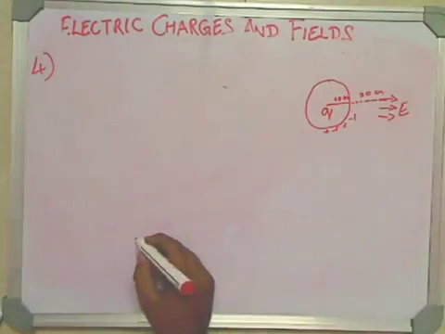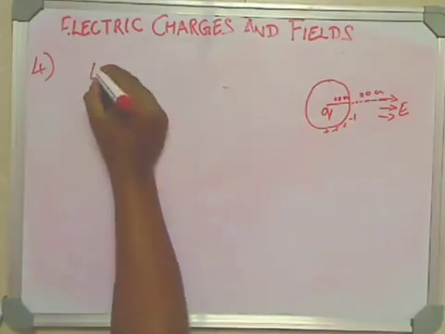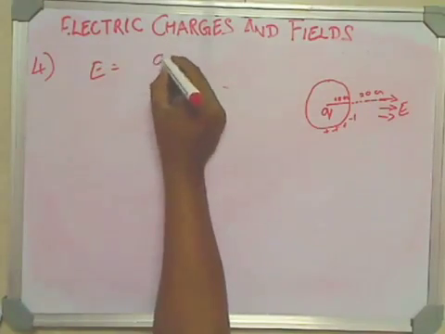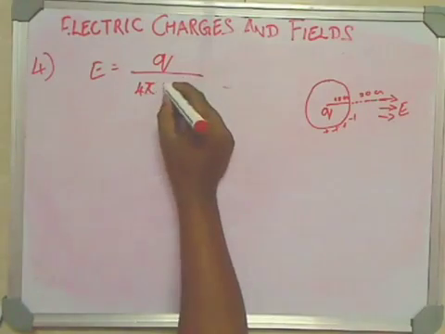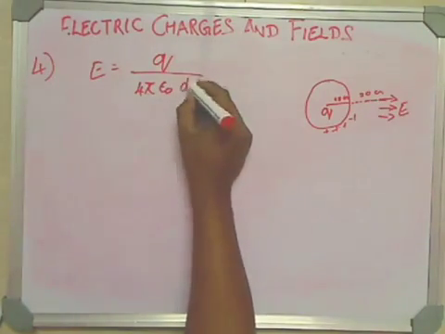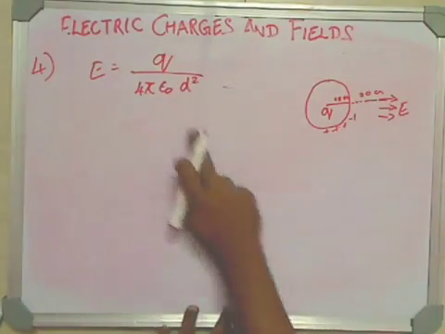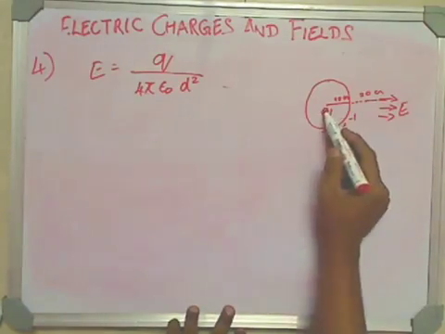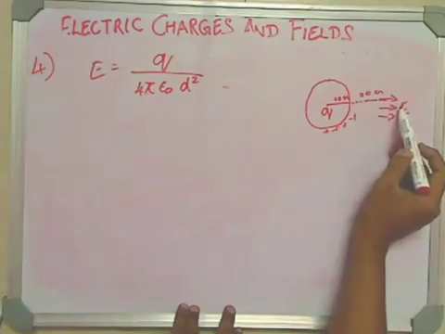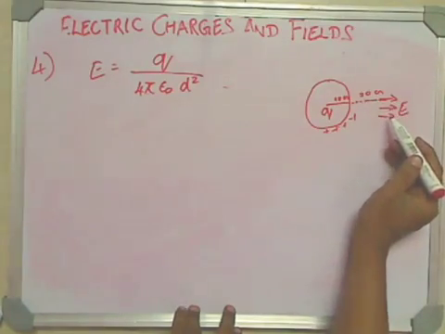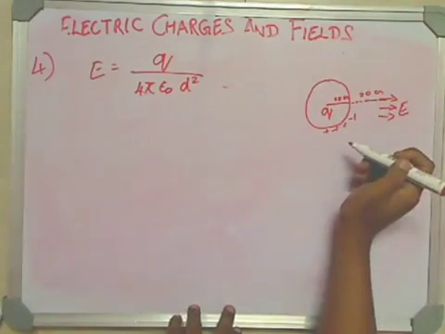So here is what you need to do. E equals Q divided by 4 pi permittivity of free space d square. I consider d here because it's the distance from the center to the electric field. The electric field actually is going on here, so from here to here I consider the distance.